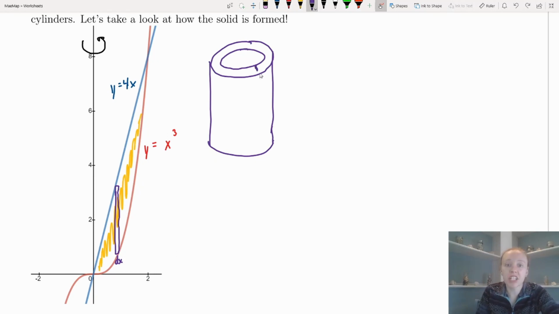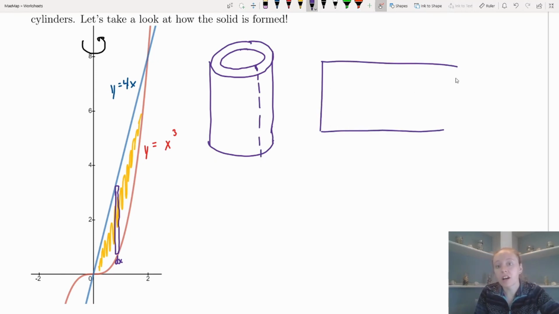But let's envision actually cutting this open and unrolling that shell, or unrolling that cylinder. So if I split this and rolled it out, we would get a rectangle. But we would actually get a rectangular prism because remember we have that width dx. So here would be our width of dx, the change in x.